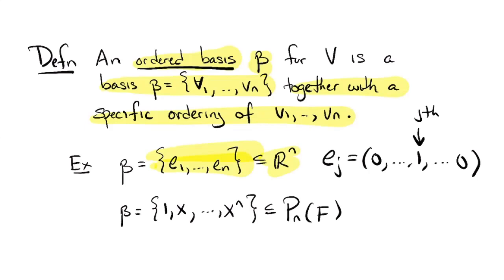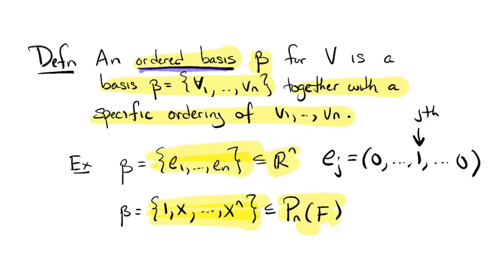Another basis we've been using for the polynomial space, polynomials of degree less than or equal to n, is the monomials of degree 0 up to n. And we'll order them in that order. So when we're talking about an ordered basis, I think of this as the first thing, the second thing, and so on, the nth plus first thing. P has dimension n plus 1. So that's all I mean by an ordered basis.